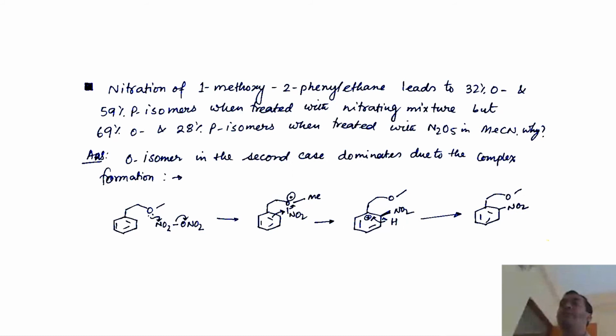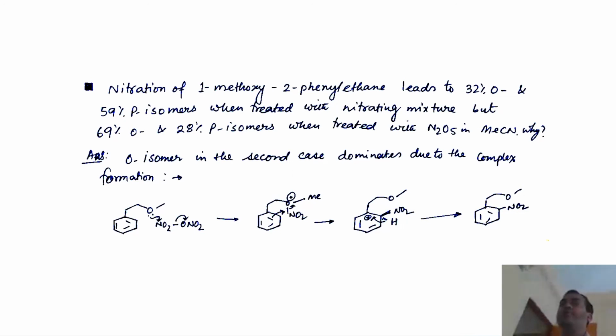Okay, so that is why you get a mixture of ortho and para, but the para is more because the substituent is a bit bulky. But when this N2O5 is taken, what does it generate? It generates NO2 and ONO2.